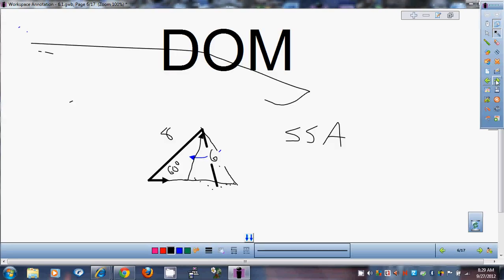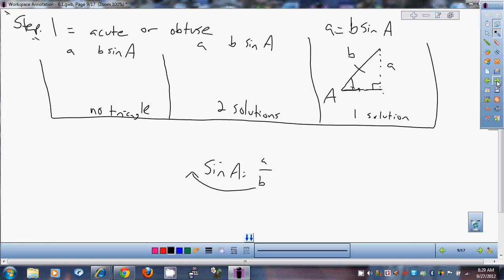Now, B sine A represents the shortest possible length that side can be. So, if this is the shortest possible length this thing can be, then what do you think is going to happen if it's not that long? What's going to happen if it's only that long? There's no way it could possibly connect with that base side. It's going to be swinging around, but it's not going to be able to connect and make the triangle. That is the no triangle situation.